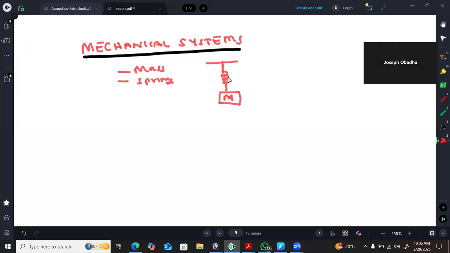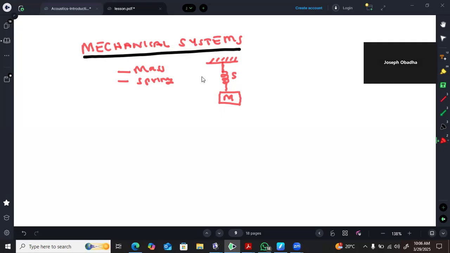And this spring has some property that we call the spring constant. You can denote it by S. So if there's any disturbance, then this setup would move up and down. It would be oscillating; any disturbance would actually cause it to oscillate.